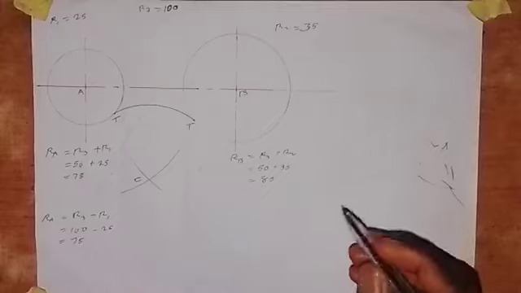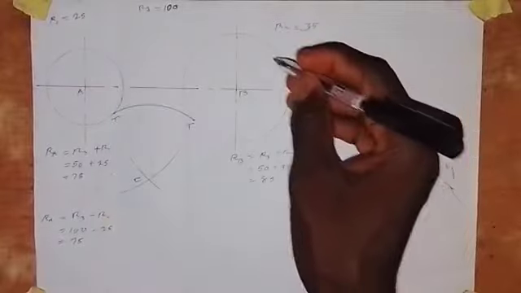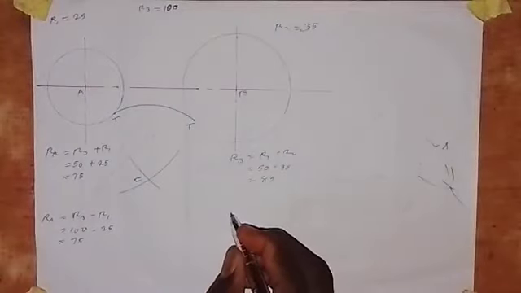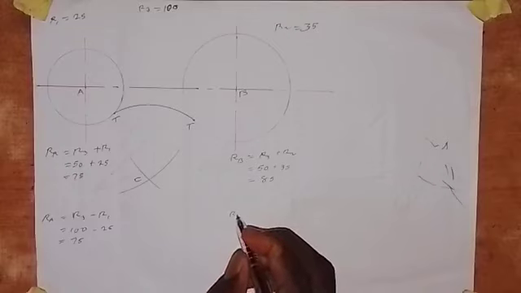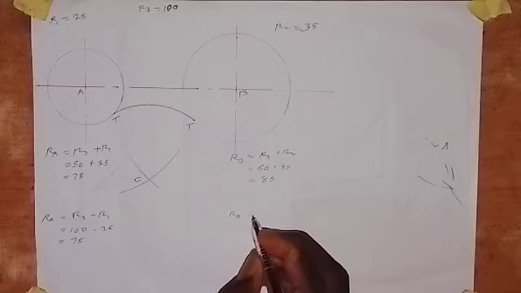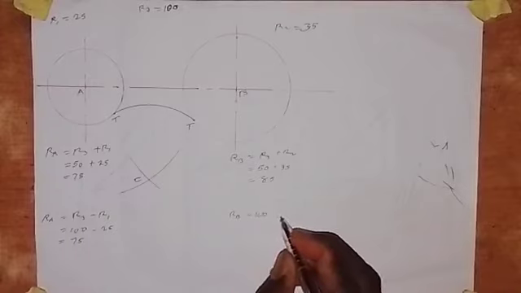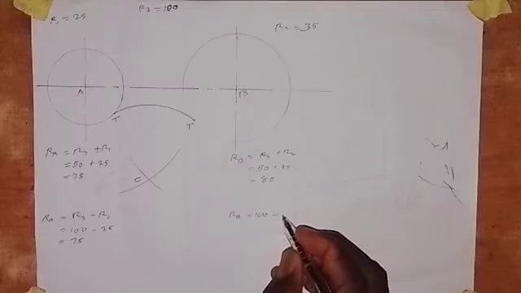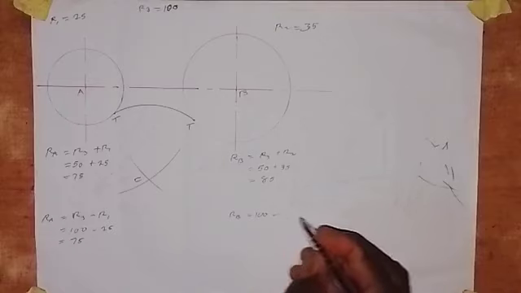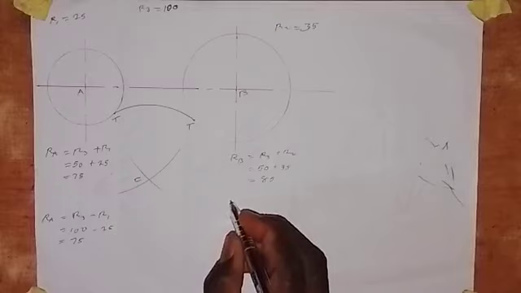The next one is RB. Before that, let me just write the formula.